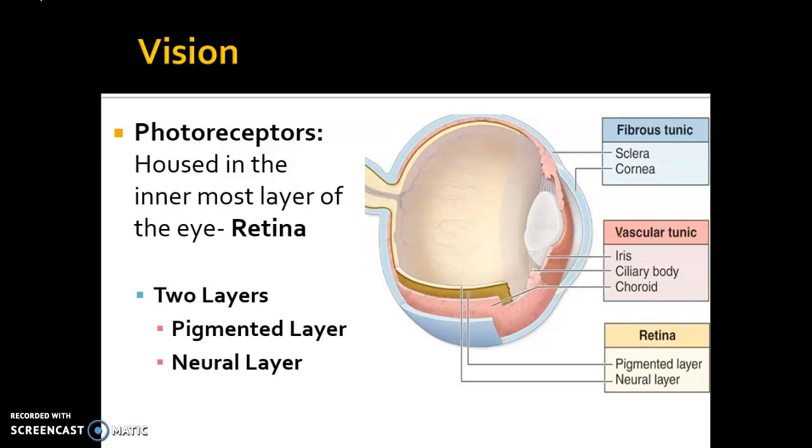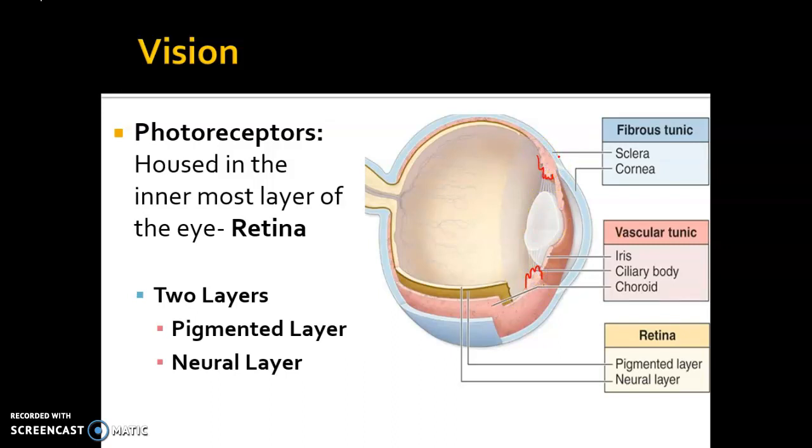The middle layer, shown by the pink box here, is called the vascular tunic. And the vascular tunic, as we mentioned before, has three components. Posteriorly, we have the choroid, which is a highly vascularized structure. Anteriorly, we have the ciliary body.